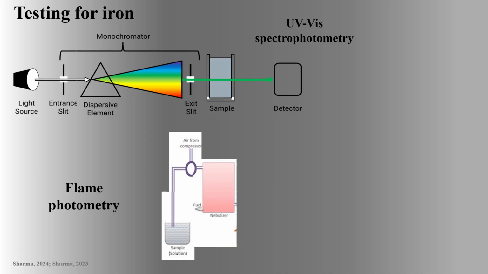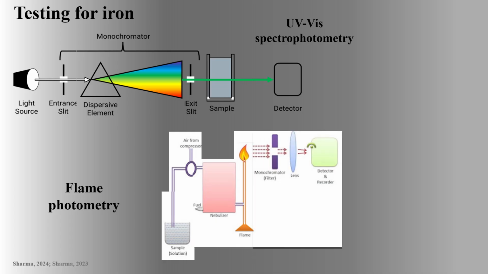The nebulizer has this fuel that goes through and causes it to break down and blow up the particles of the iron and any kind of compounds in there. After that, it goes through the flame, and in the flame, it will emit the iron.